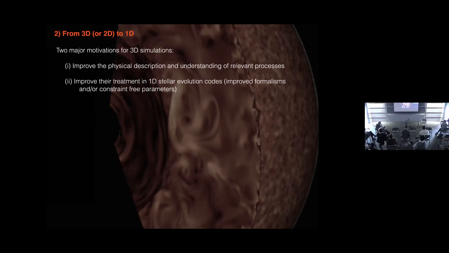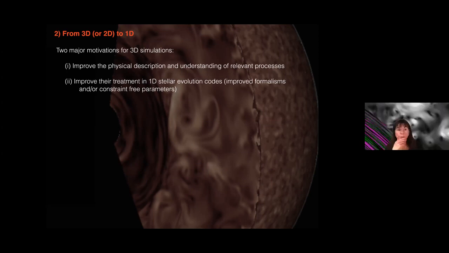Yeah, okay, fine. So going from 3D to 1D now, I would say this is very important. There are two major motivations for 3D simulations. First of all, obviously, this is to improve the physical description and the understanding of relevant processes you are interested in. But also, this is to improve the treatment in 1D stellar evolution codes, that is, improve formalism or constrain free parameters.